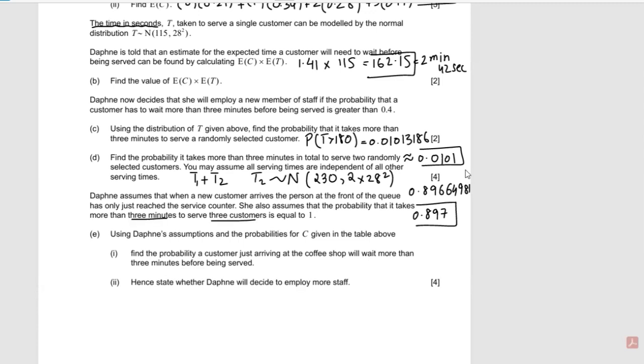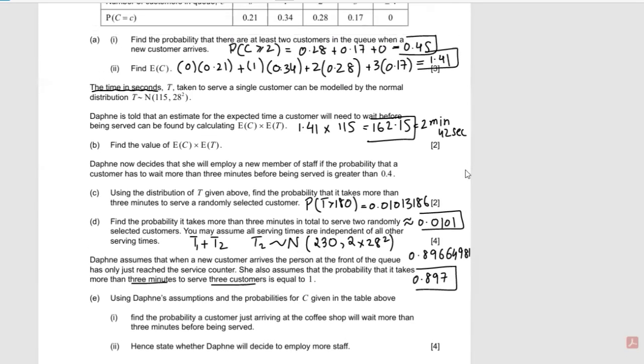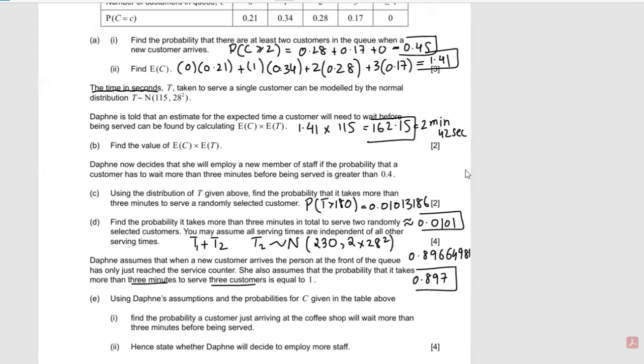Part E, using Daphne's assumption and the probabilities for C, number of customers given in the table. Part 1, find the probability that a customer just arriving at the coffee shop will wait more than 3 minutes before being served. So we need the probabilities, but we need to use that data as well.